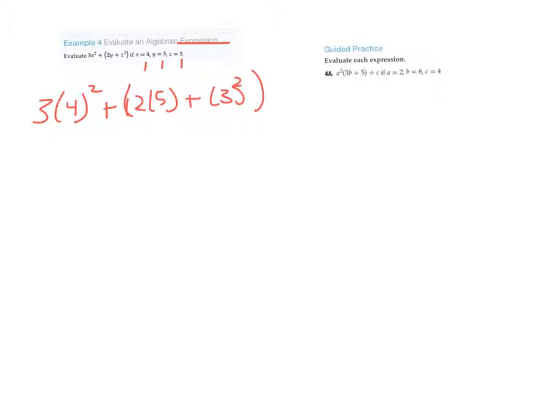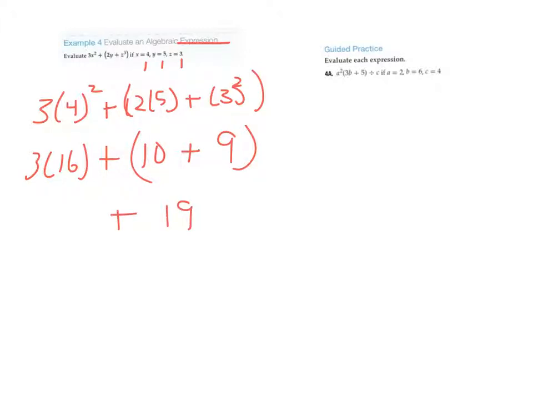Now notice I'm using parentheses around just numbers for my substitution. So I'm going to do inside my brackets first, and I'm going to go and do exponents. So this would be 9, this would be 10, this would be 16, and now I can do inside, this is 19, and 3 times 16 is 48, and 48 plus 19 gives me my 67, which is the answer.